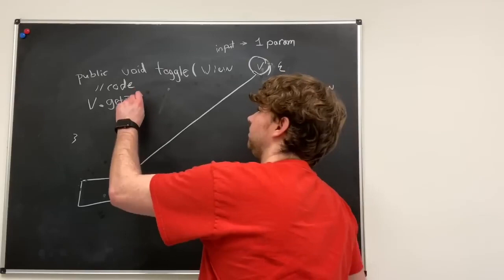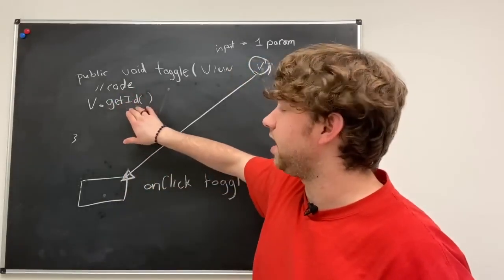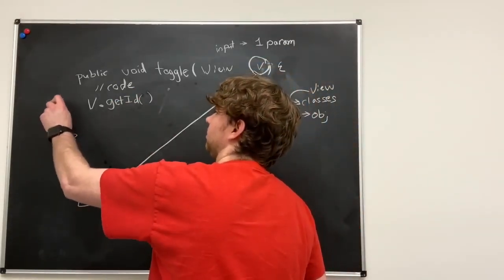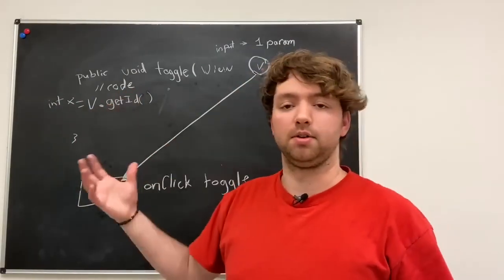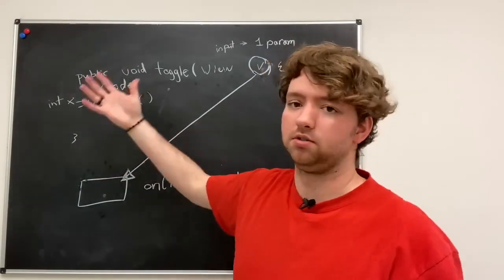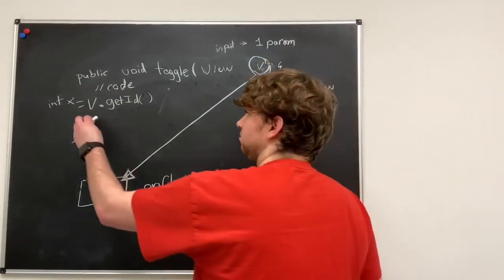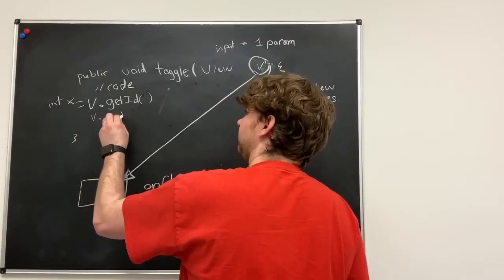So this is a way that we can get the ID, and then we could assign it to an integer or use it or whatever. So that's where we're getting into some of the more coding stuff. Whatever you want to do with that get ID, the ID value, you can treat it as if it's just any other integer. We could also do things like modify the button. So we could say v dot set enabled.